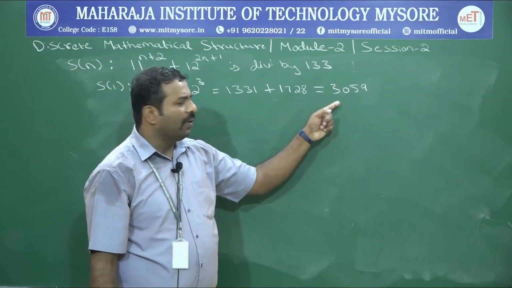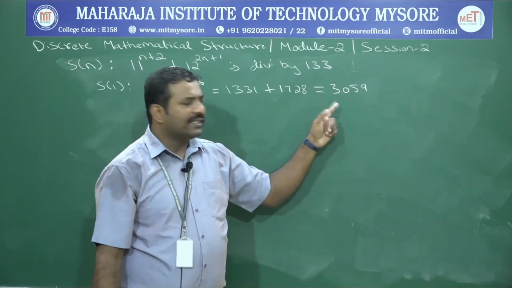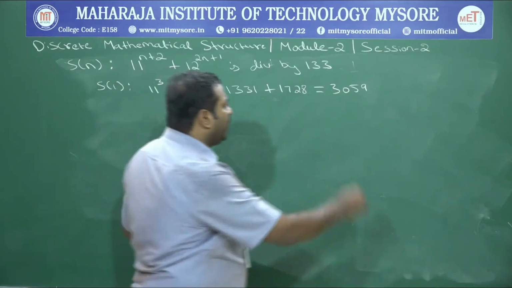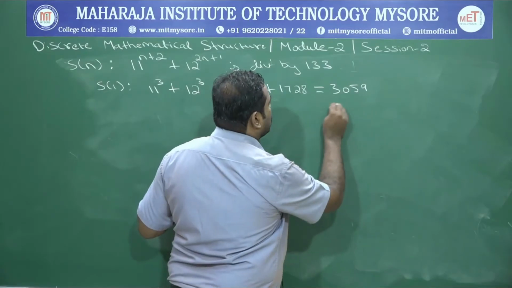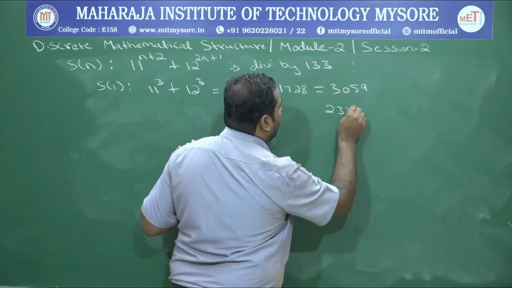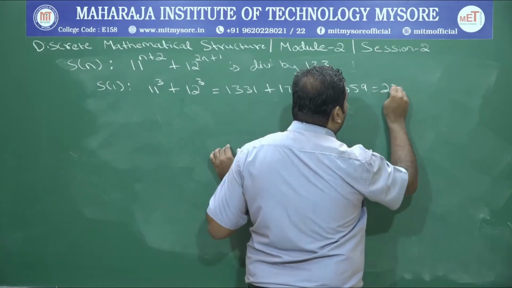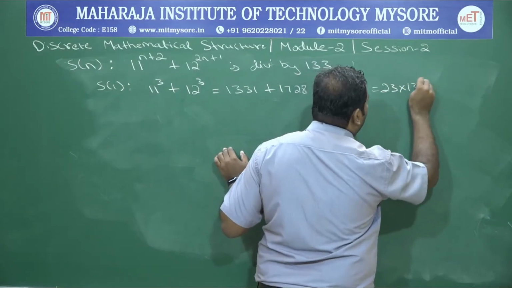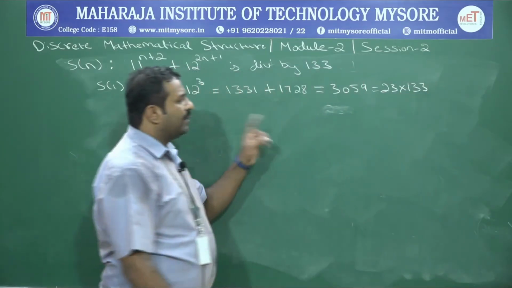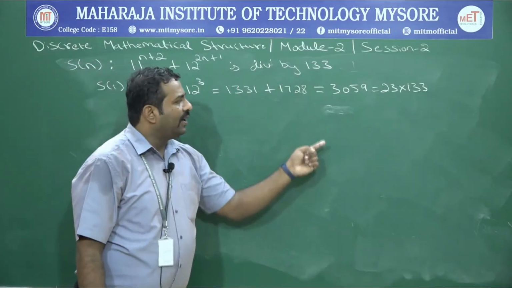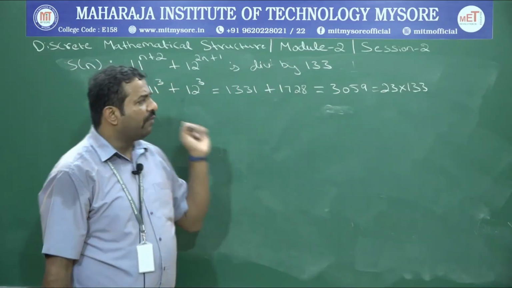Yes, it is divisible by 133: it is equivalent to 23 into 133. Hence, this is divisible by 133.